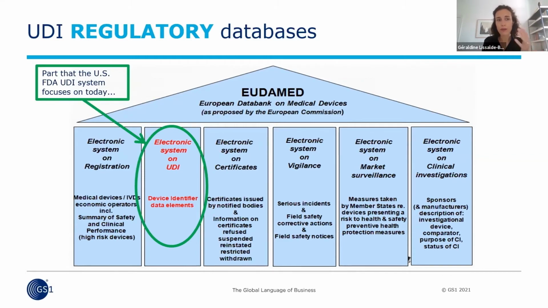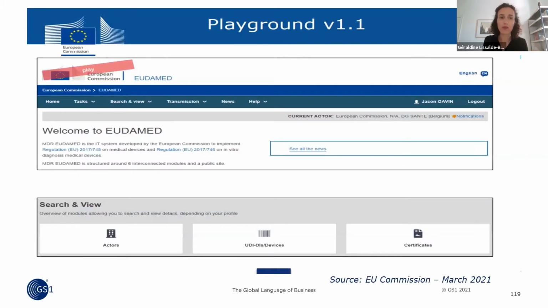And to draw the comparison with the US, because I think it's the most common system implemented today for UDI, you see here that the UDI database, which has been known as being very challenging to implement in the US, is only one super small part of the entire EUDAMED database. So it's not for you to panic, but it's for you to keep in mind that EUDAMED is not only UDI, it's much more than that.